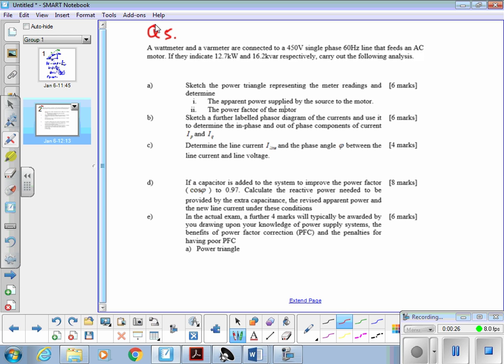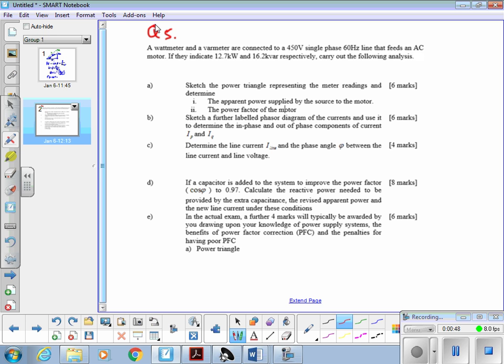You've been given values of kilowatts and kVARs and asked to carry out some analysis. First thing being, sketch the power triangle and determine the apparent power supplied by this source to the motor and the power factor of the motor.